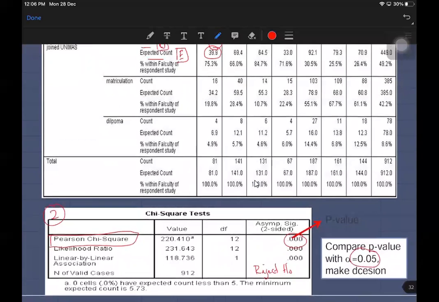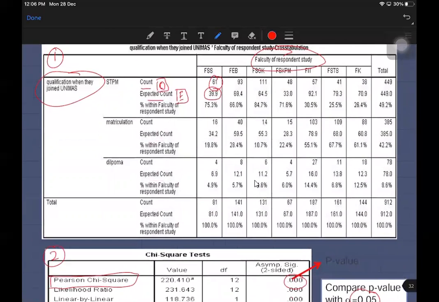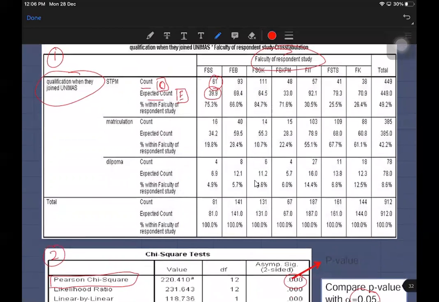So there is a relationship between the qualification when they join UNIMAS and the faculties. The students from STPM, matriculation and diploma, the qualification is affecting the choice of faculty.